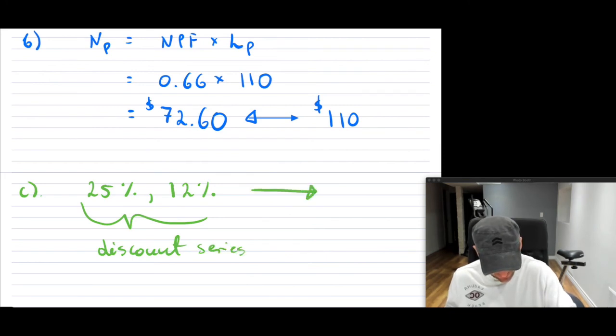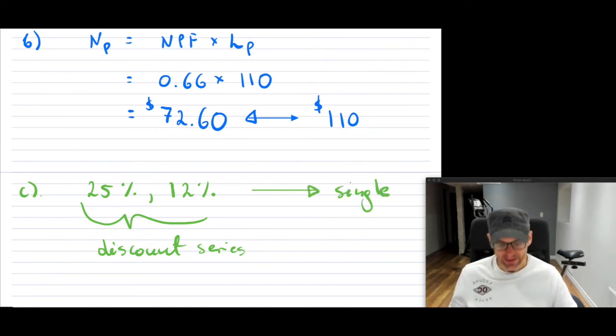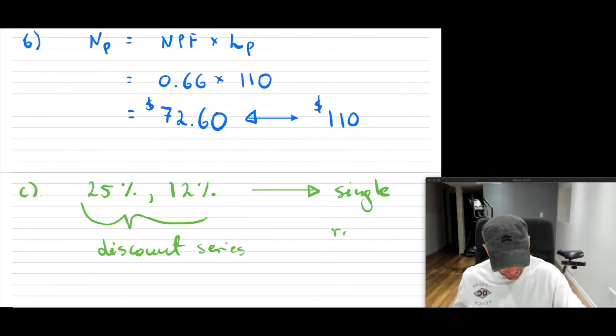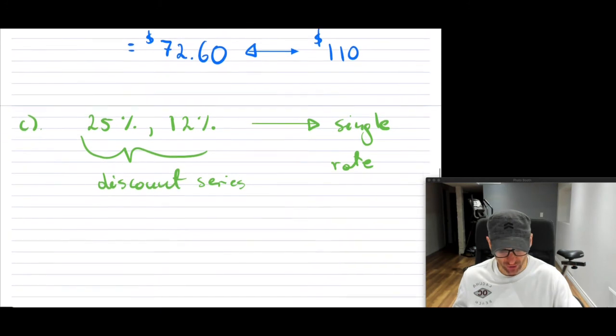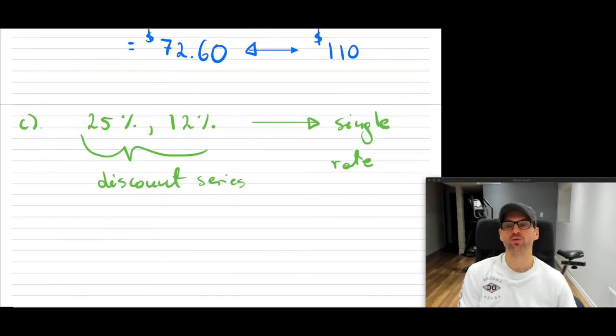Here, we want to know what would be the equivalent of this discount series, except if it was just a single rate. So instead of saying 25% and then 12%, what would it be just as one single rate?